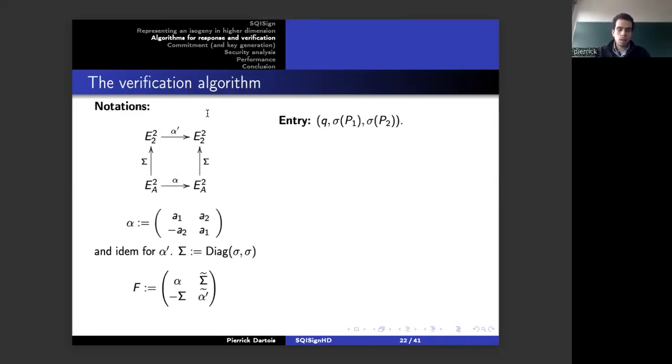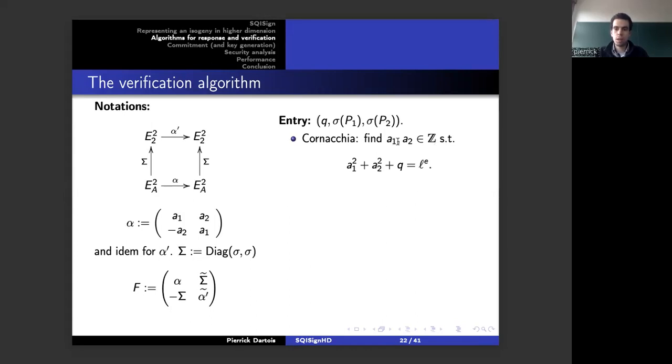Right now, I can explain the difficult part of the protocol, which is the verification. So remember that we are given the integer q, which is the degree of our signature, as well as the image of some points of the l^e torsion. Now, the verifier wants to compute the higher dimensional isogeny representation.